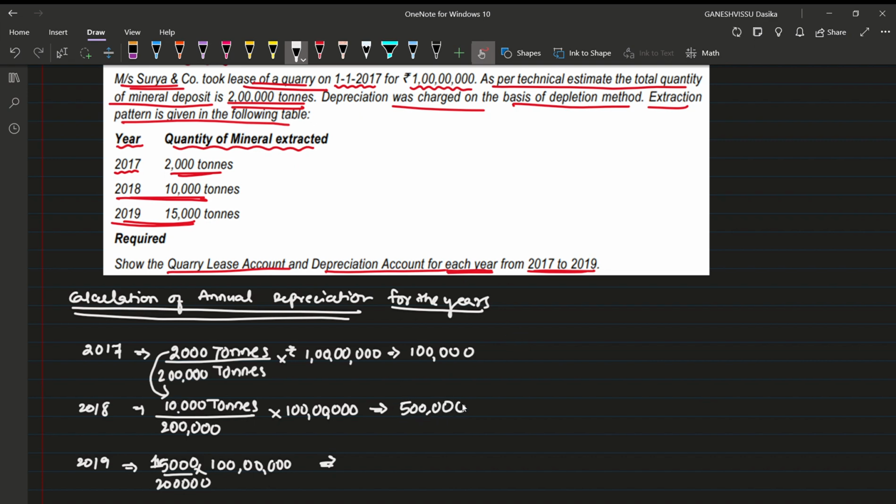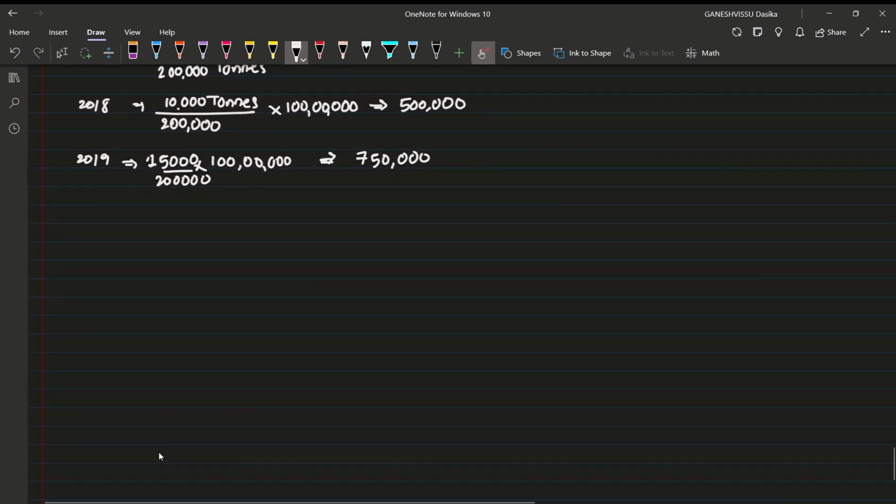By estimation we can write 1.5 times, so 5 lakh into 1.5 will be 7,50,000. So this is how we can calculate the annual depreciation. We now know the annual depreciation, and then we can prepare the quarry lease account and depreciation account in an easy manner.